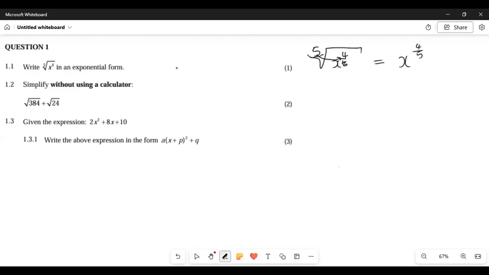Then we go on to 1.2. For 1.2, they give us square root of 384 plus square root of 24. Let me write it a little bit bigger so that we can all see.